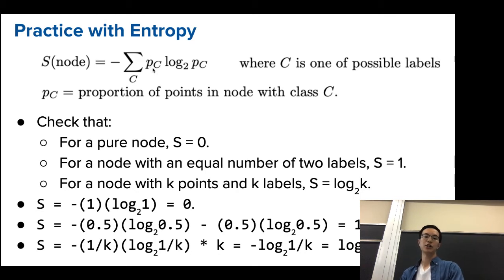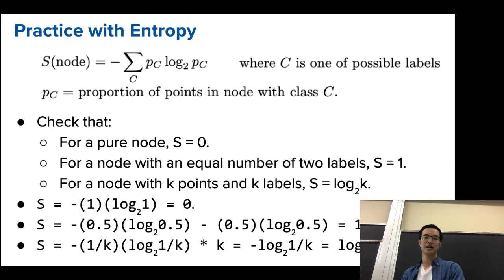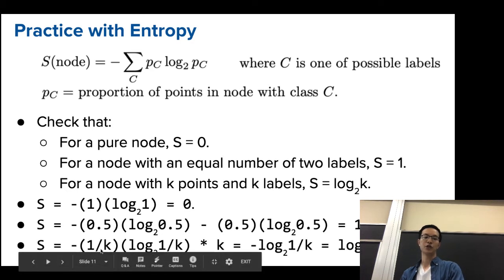And so I plug in 1 over 10 into this proportion here and this proportion here and take the summation. Since every term is the same, I have k terms. And so I have negative 1 over k times log base 2 of 1 over k times k. The k and the 1 over k here cancel out. And negative log means I can take the reciprocal of the fraction in here to get log base 2 of k.